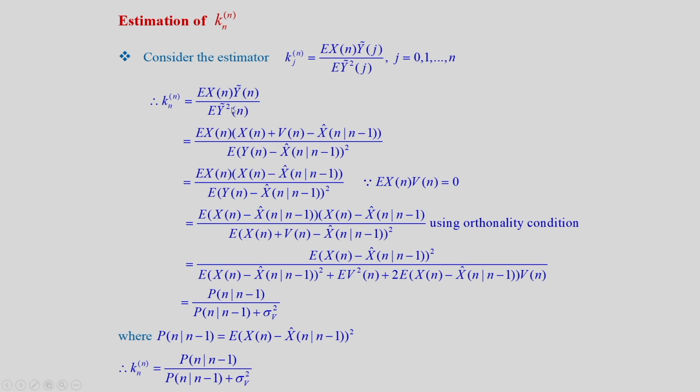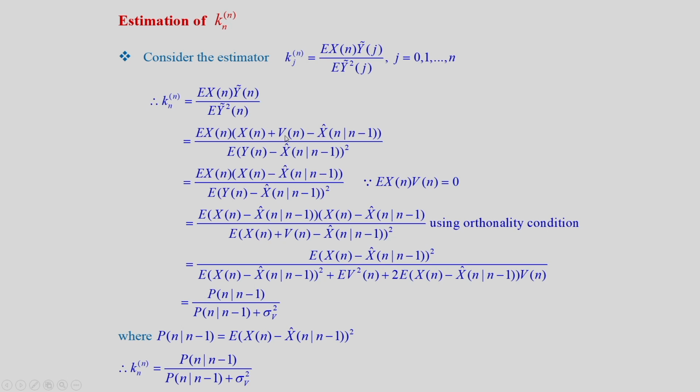Now, this y tilde n we can write as the observation x_n plus v_n minus the prediction, which is x hat n given n minus 1. So, k_n^n will be E of x_n times (x_n plus v_n minus x hat n given n minus 1).